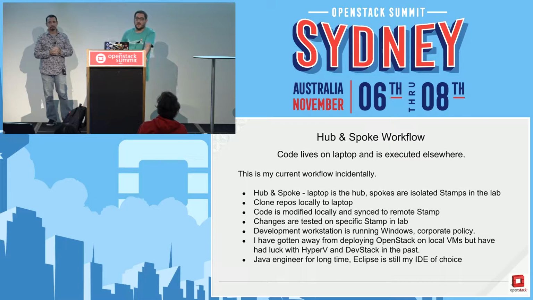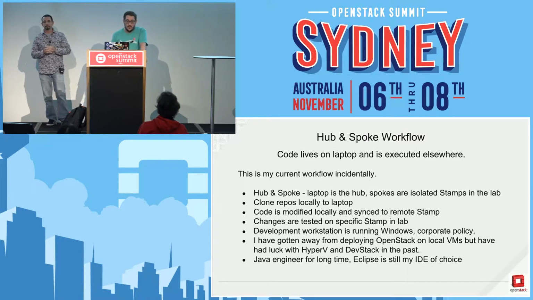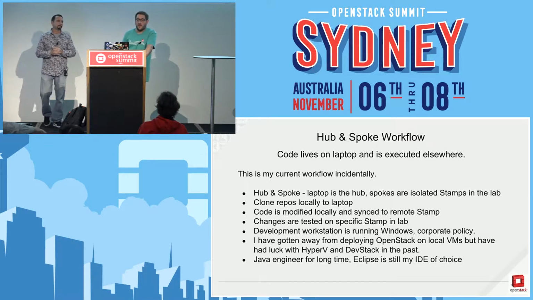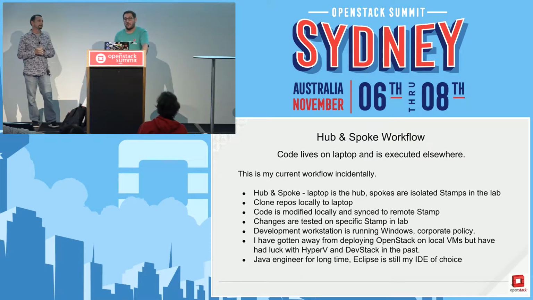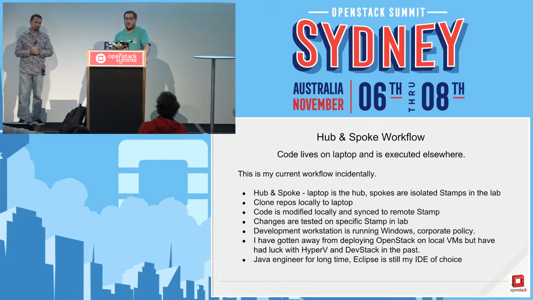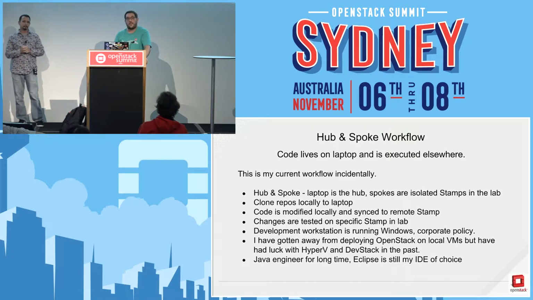I'll be speaking a little bit about this later on, but just in case you don't know, all the upstream CI works on DevStack, which is a simple project to get an all-in-one, or maybe a small OpenStack. So when I try to develop upstream, I try to stay as close as I can to what the gate would do. So that's why I just decided to set up a DevStack on my own and do all my work in there. We'll get into that afterwards.